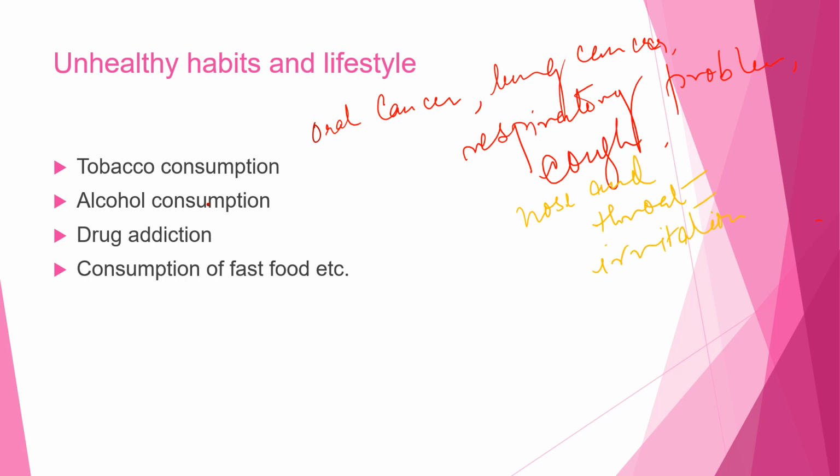Now next we are taking alcohol consumption. So what will happen if they are consuming alcohol? Alcoholic drinks are slowing all the brain activities and weakening the control system when taken in large quantities. It is also damaging the brain as well as the liver.